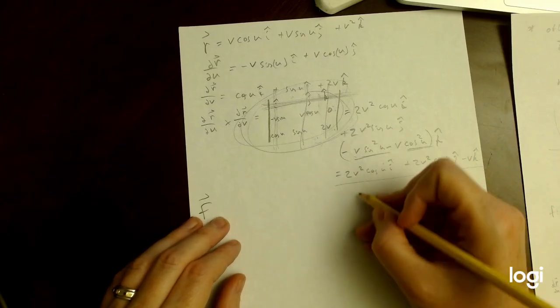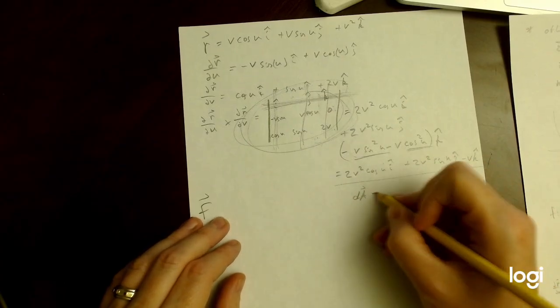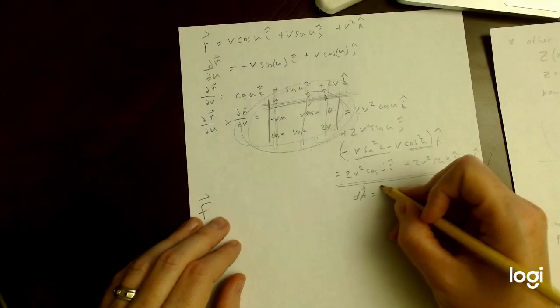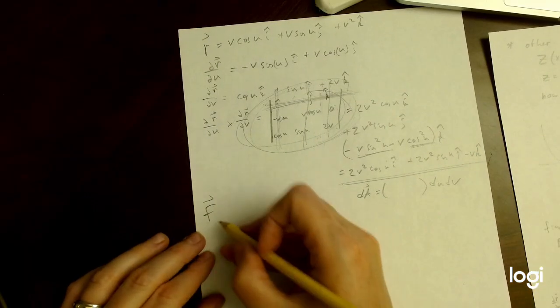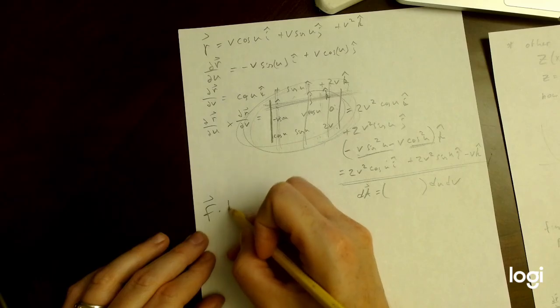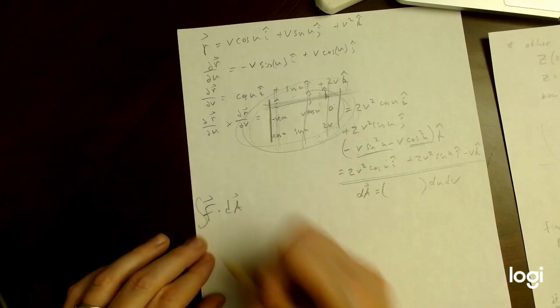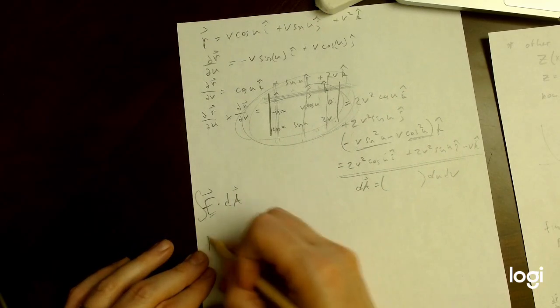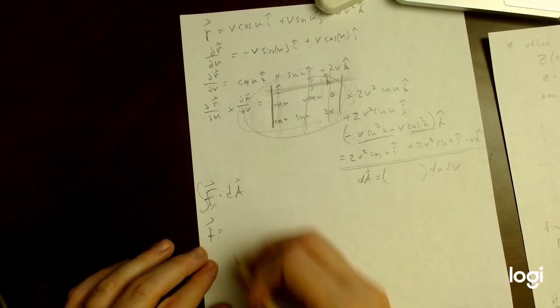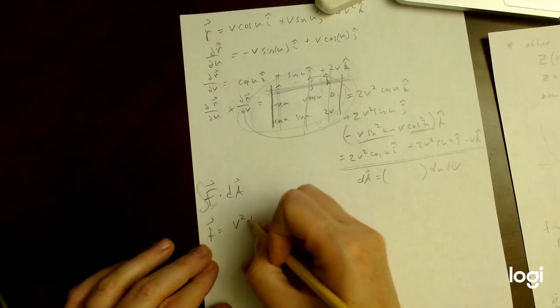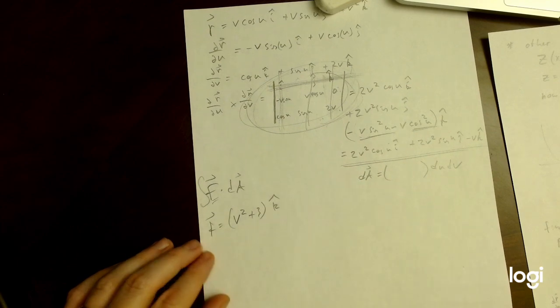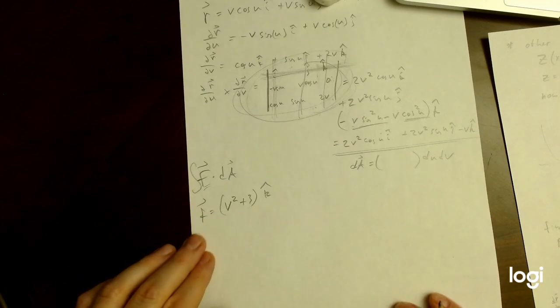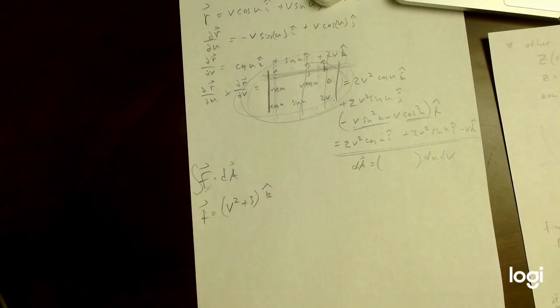This would be our dA would be this, du dv, but we also need our vector field f. So let's define a vector field f as, say, v squared plus 3, and I'll just say that this vector field only points in the k hat direction.